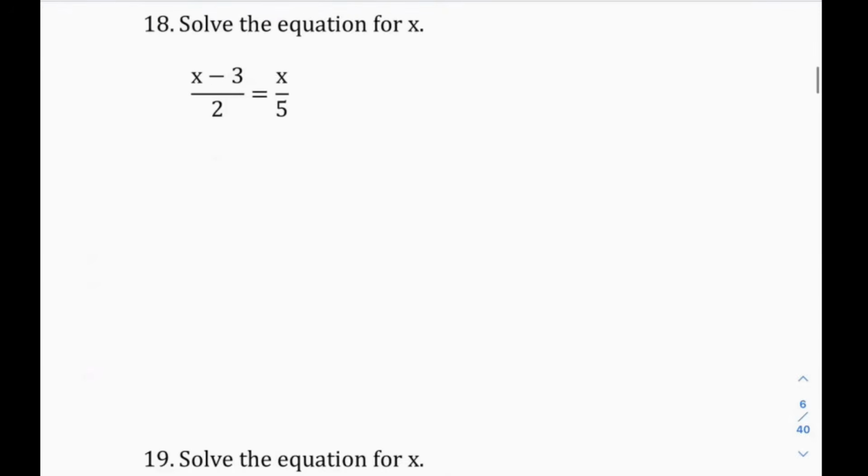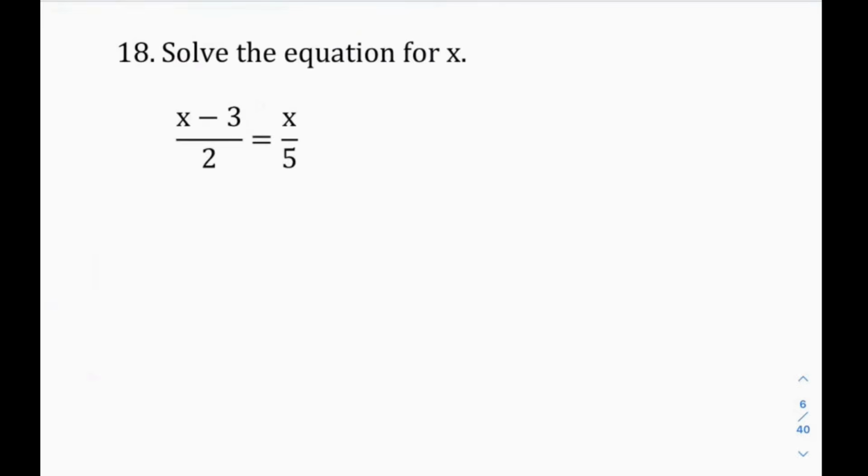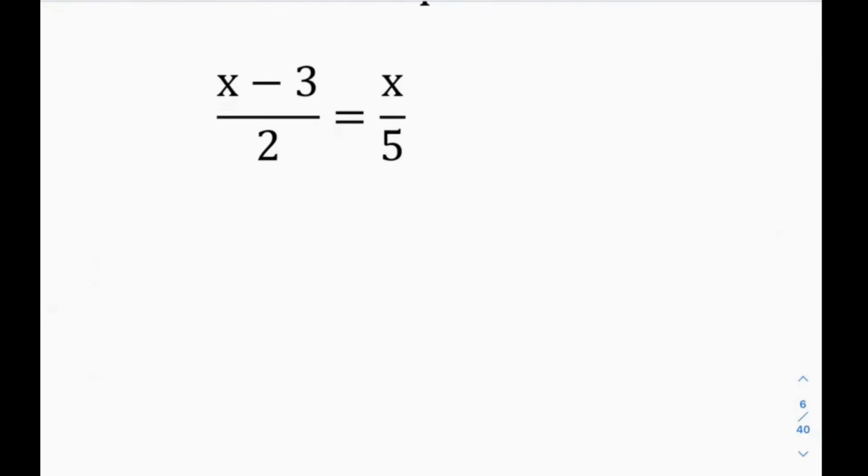Now we reach the part of the proportions. Proportions mean two fractions that are equal to each other. This can be done using proportion and using another method, and I prefer proportion. If this question appears to you, the best way is to cross multiply. Cross multiply means I will take the 5 and multiply with the whole expression here.